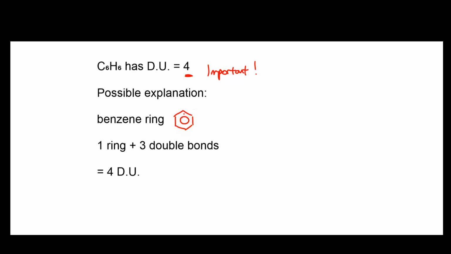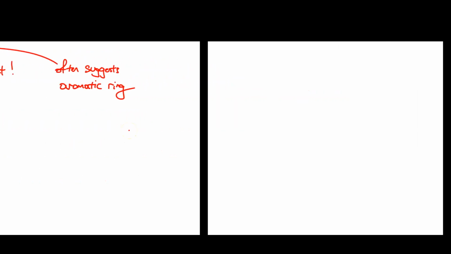A benzene ring contains 1 ring and 3 double bonds, giving a total DU of 4. But we still need other evidence to confirm the structure. Nevertheless, a DU of 4 often suggests an aromatic ring.